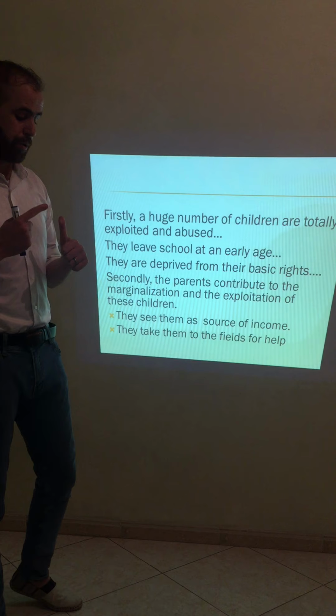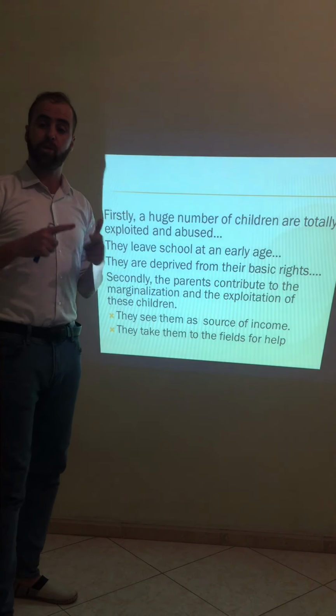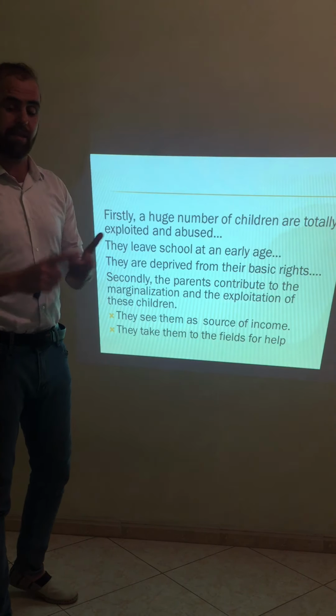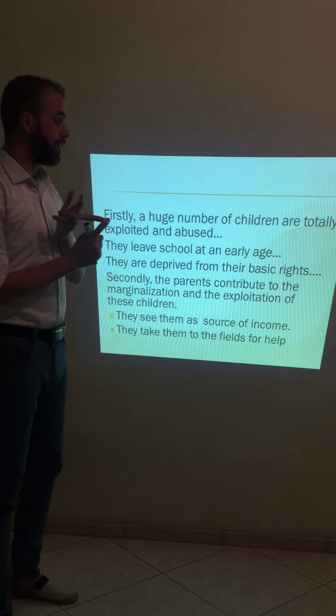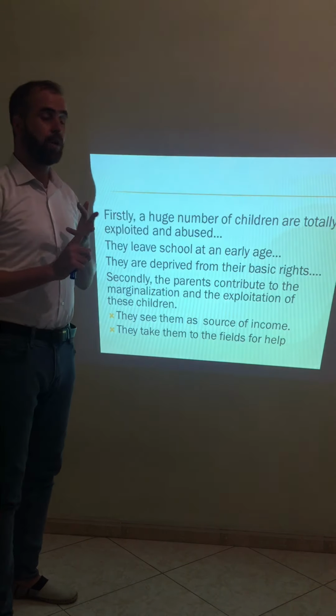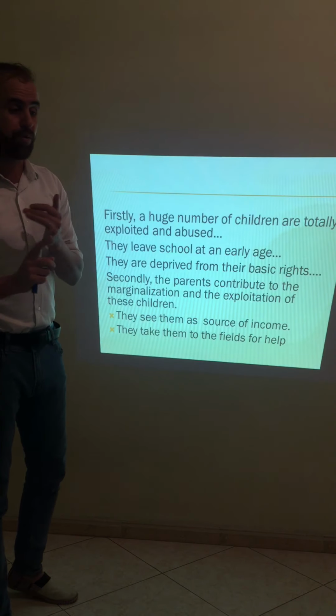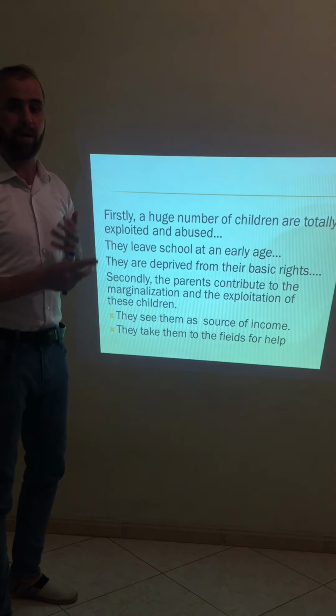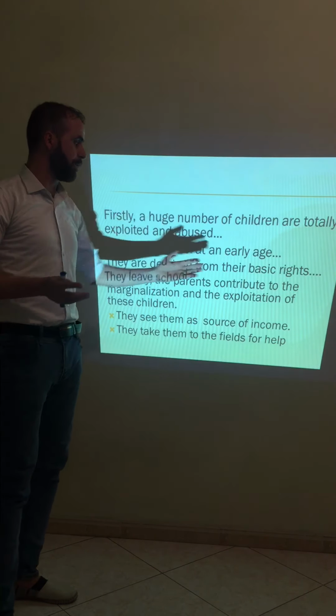They don't have the right to go to school, to continue or complete their studies, or to carry on their higher studies. They don't have the right to play, to vote, or to health care, or anything related to human rights. So they are exploited and abused.